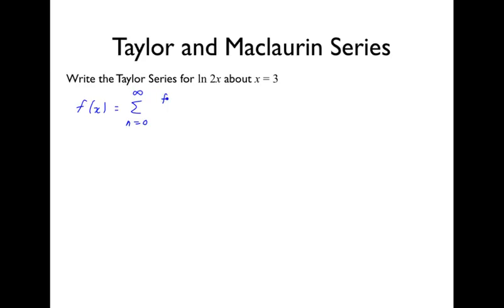It's the nth derivative taken at, oh, that's Maclaurin. Whatever you're centering about, so Maclaurin would be a equals 0, but Taylor is just any a, then x minus a to the n over n factorial. So that's our Taylor series.